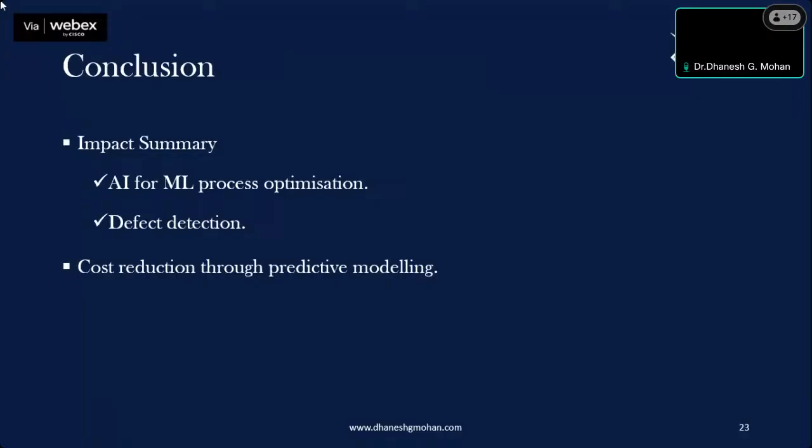We also explained how AI transforms AM from a reactive process into a proactive one, with cost decrease, defect minimization, and performance enhancement, and how to remove those old defects related to fusion and different parameter levels. And finally, we can reduce cost by using predictive modeling as well. I hope you have a basic understanding of these things.